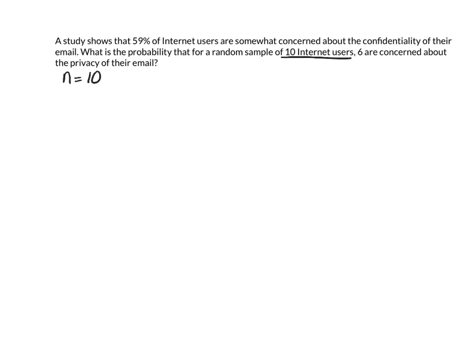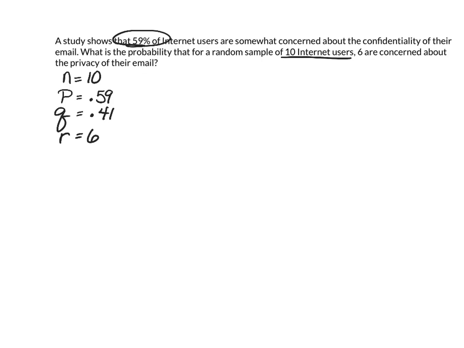The probability for a successful outcome is 59%, which we'll call 0.59. If we have a 59% probability of success, then our probability of failure has to be 0.41, or 41%. And the number of successes that we hope to get is 6.